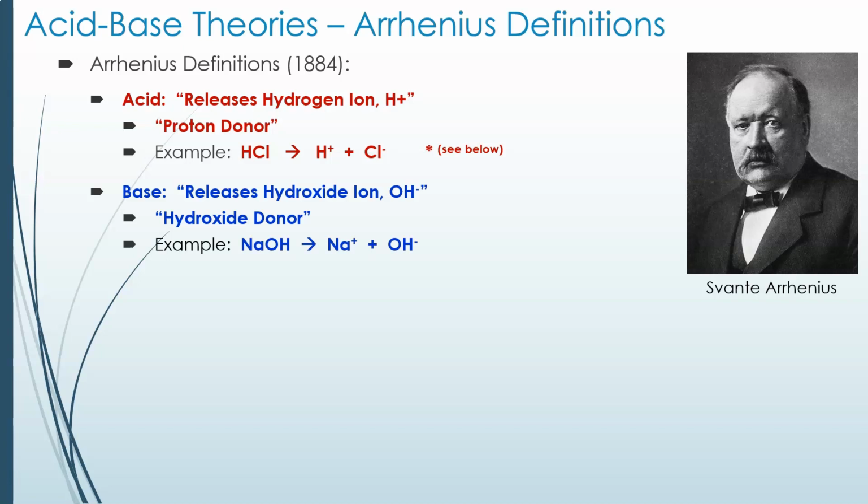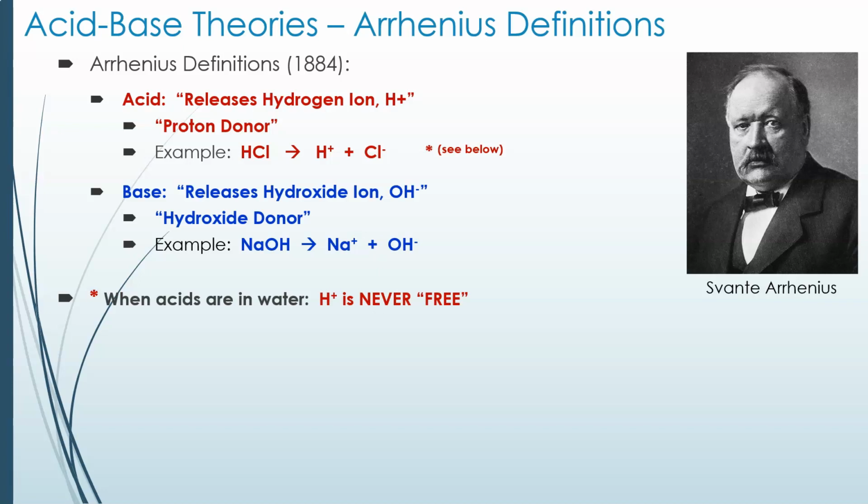A great example would be sodium hydroxide, which when you put it in water will split up into sodium ions, Na+, and OH- ions, hydroxide ions. So he narrowed these definitions down pretty tightly. Acids have to produce protons, bases have to produce hydroxides.